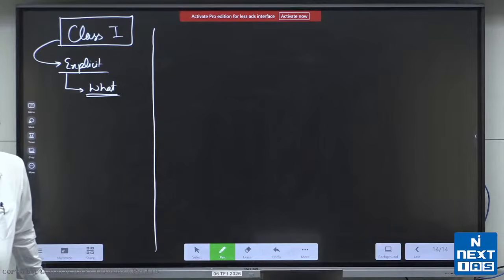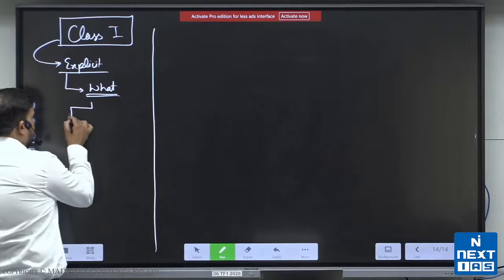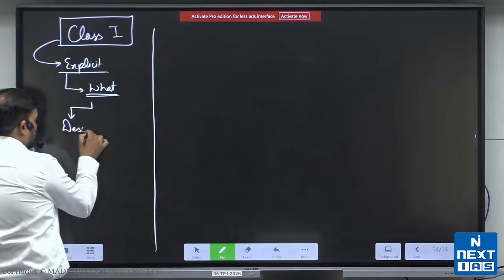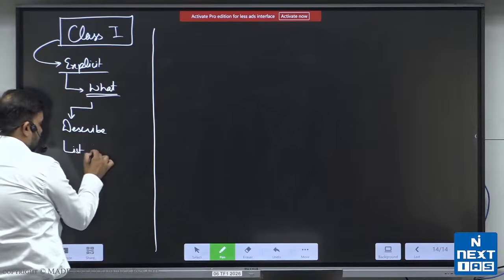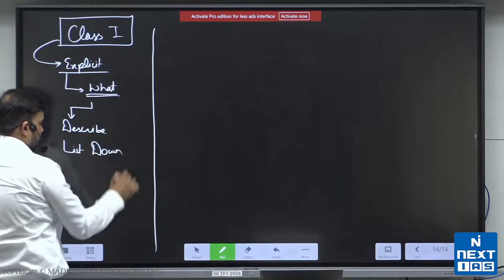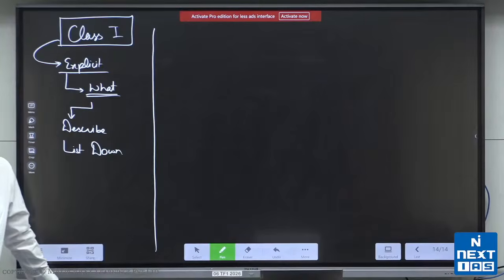I don't have to explain. I have to just give the information, put the information. It can be asked in many ways, like for example several ways, like describe, list down, etc. So many such types of keywords are there, ठीक है.